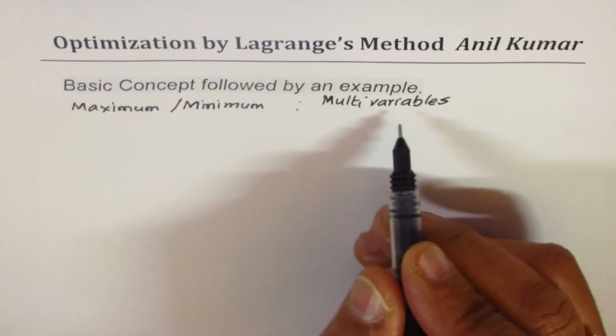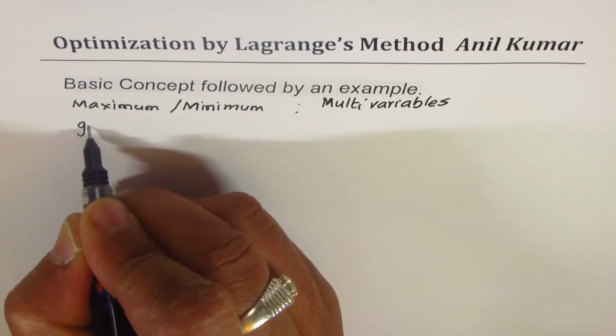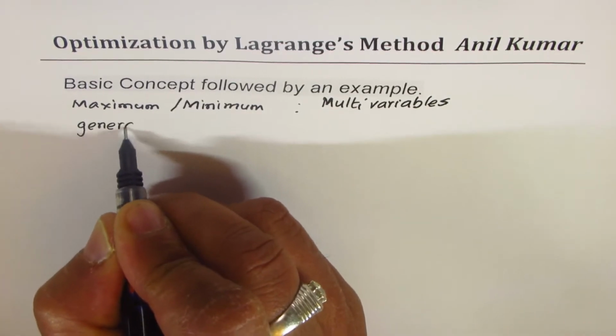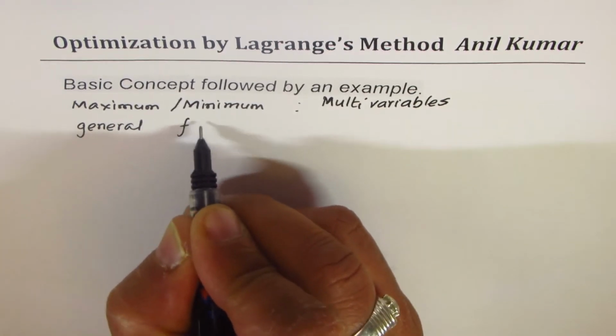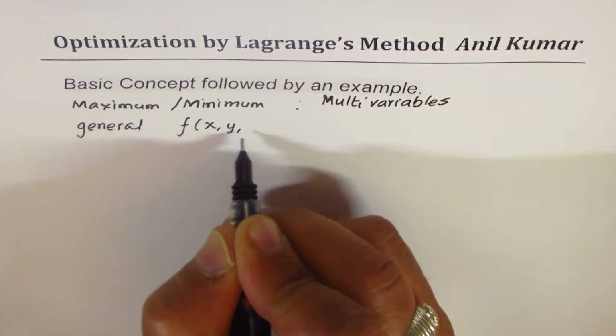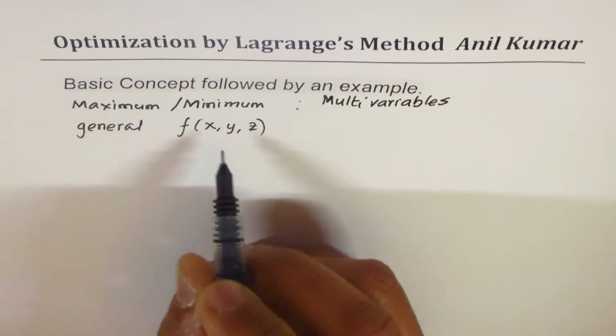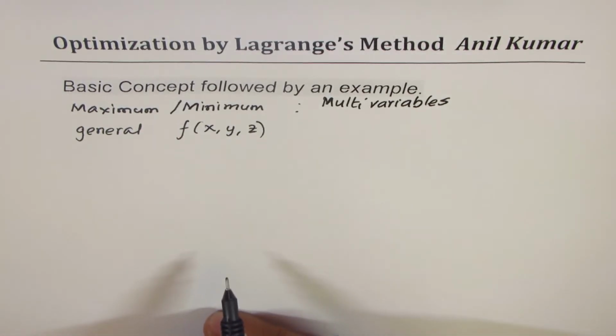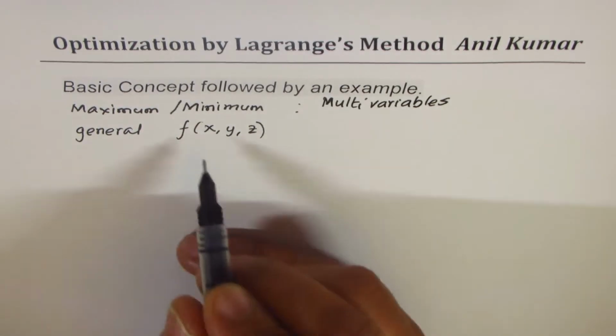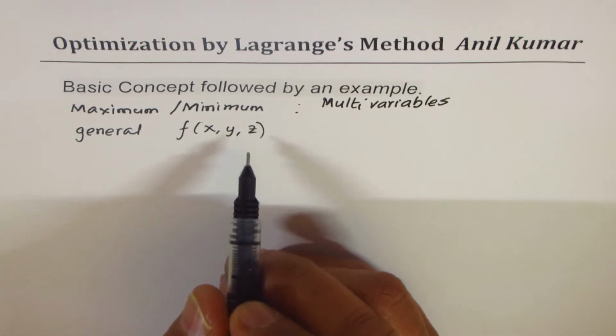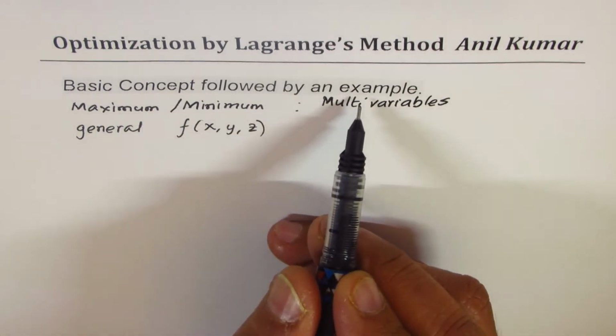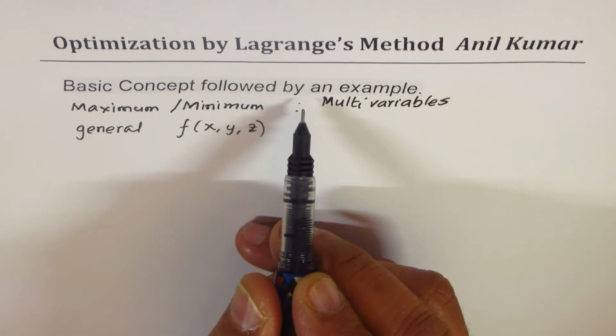So multivariables, let me take a general function first to explain what I'm trying to say. Let's say the general function is f(x,y,z), right? When I say x, y, z, that means there are three variables which we have to work with, and in optimization, as you know, we always have some constraints.